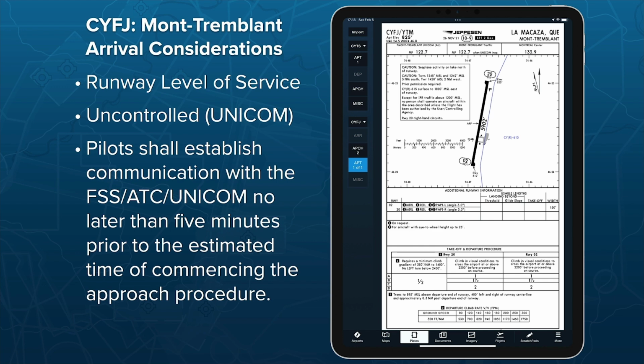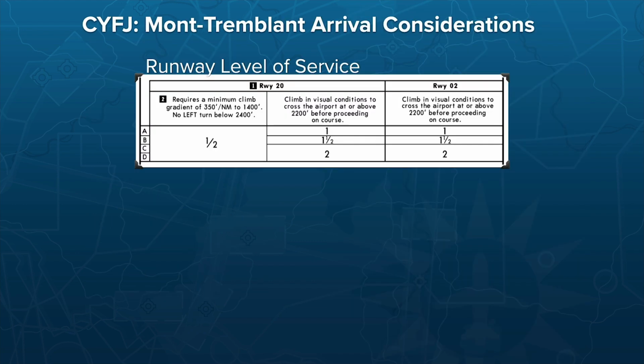So this is good to consider because we'll be likely talking to Toronto or Montreal Center, and we need to make sure that we contact the Unicom at Montreal at least 5 minutes prior to the estimated time of commencing the approach. So not the estimated time of arrival, but the estimated time of starting that approach. So that's a consideration.